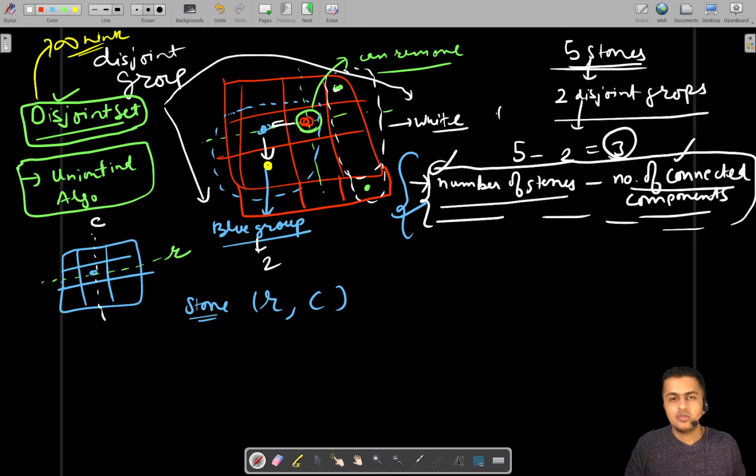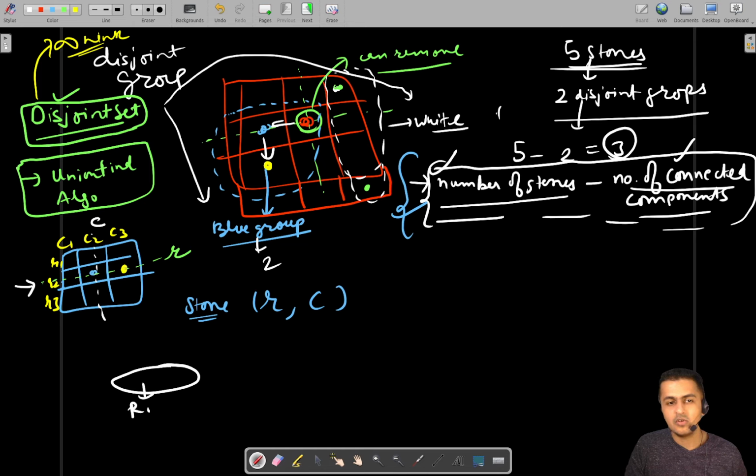So let's say this is R1. This R1 row can have stones at different columns. Let's say C1, C2, C3, and R1, R2, R3. Let's say R2 has stones at C2 and C3.